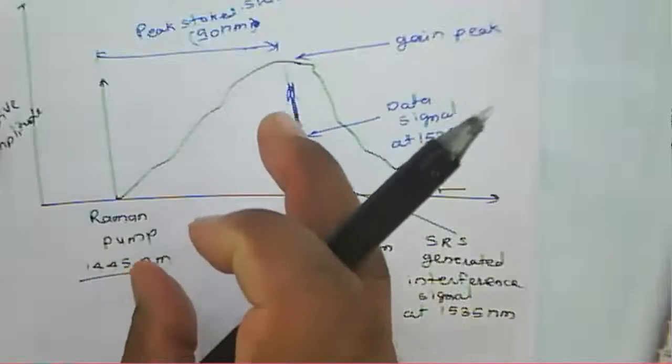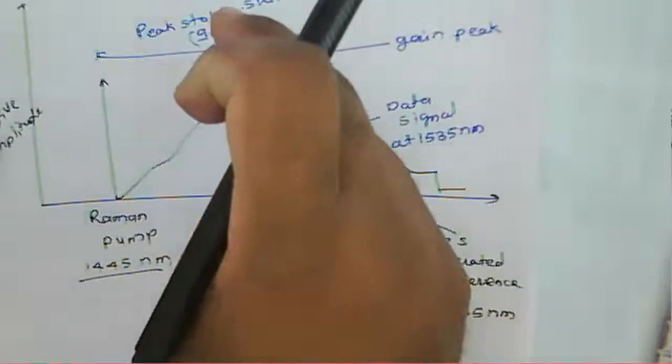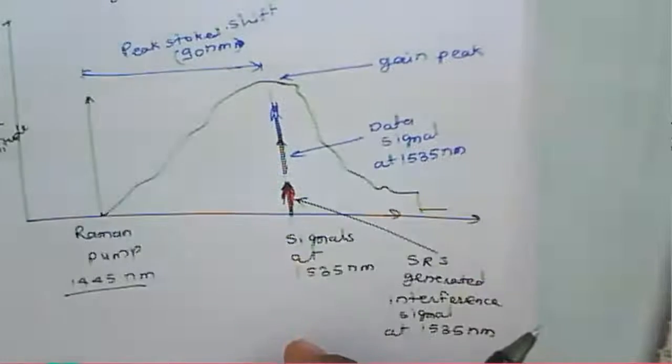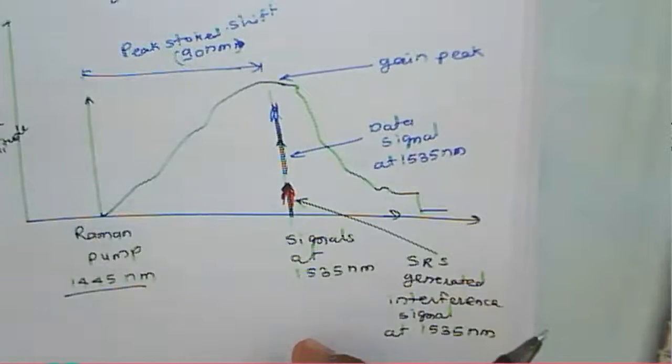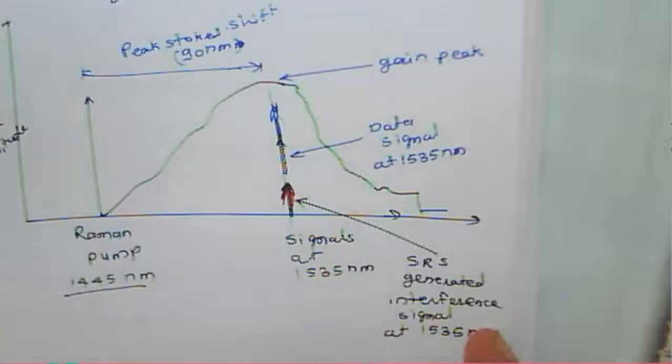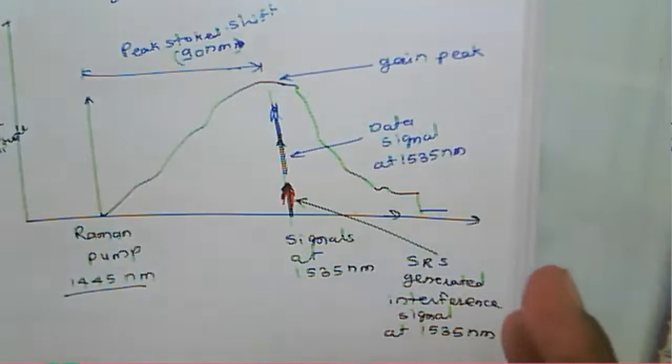So that is your Raman amplifier, and the amplification takes place due to stimulated Raman scattering. There are various amplifiers that are used, and that can be useful for this scattering.